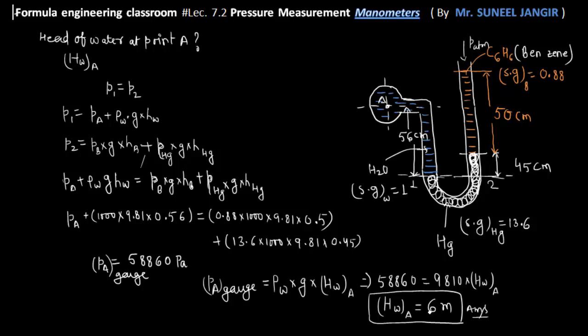So what is the sense of this? At this point A, the pressure intensity is 58860, the gauge pressure intensity, and this is due to the water. Let's suppose this pipe is connected to some tank that I'm drawing here.